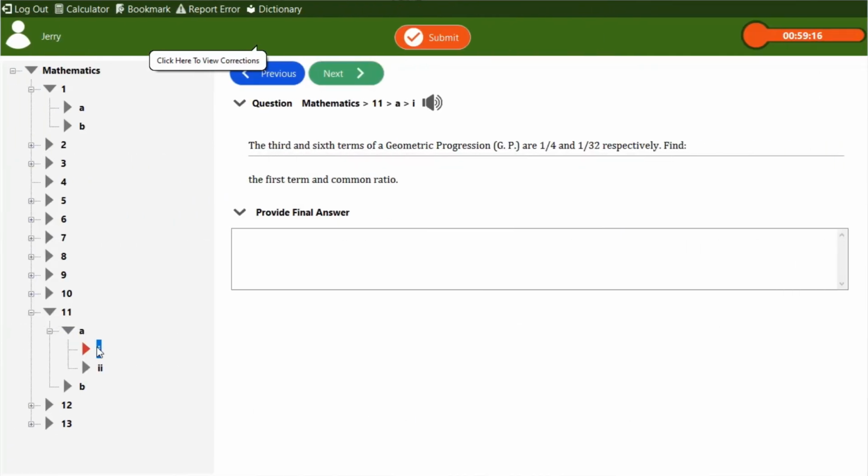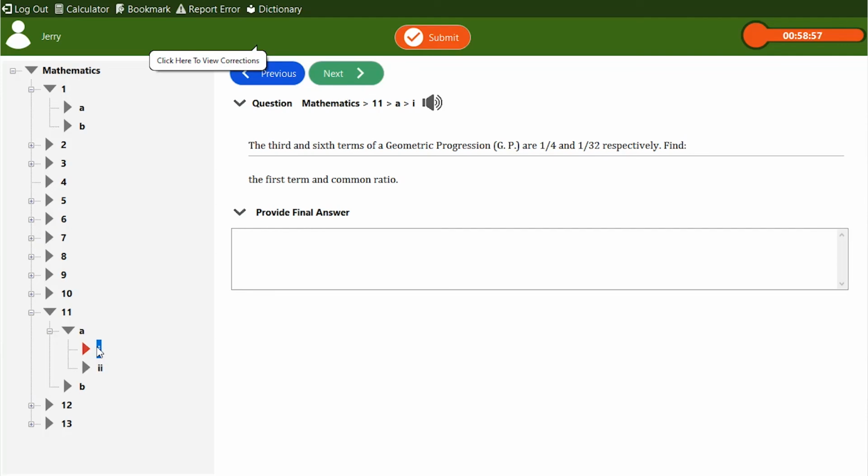Okay, let's take more questions from past question using Examguide app. The third and the sixth term of a geometry progression are 1 over 4 and 1 over 32 respectively. Find the first term and the common ratio.